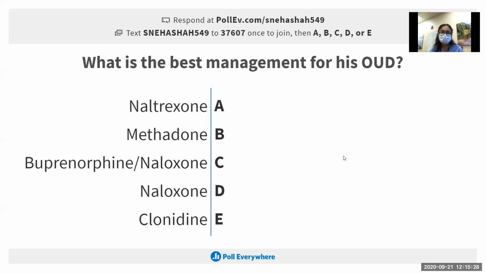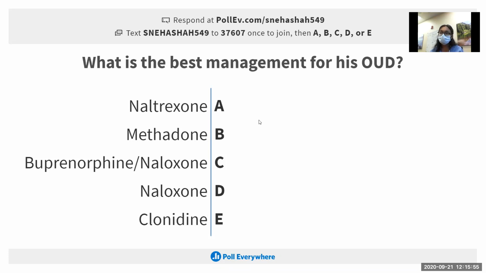Just to remind you guys, naloxone alone is not good because that will precipitate withdrawal and doesn't actually treat the use disorder. Naltrexone has been used, but is third line after the other two options, and remember naltrexone can also precipitate withdrawal as it's an antagonist, and so the patient has to be off all opiates for like 2 weeks before you can even think about giving them a dose of that.